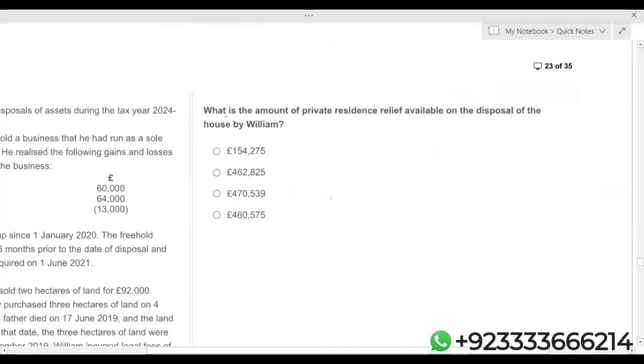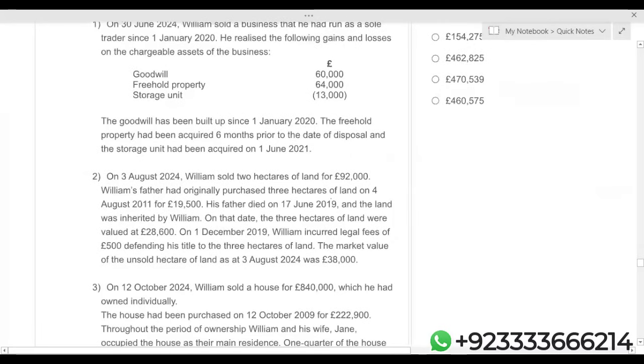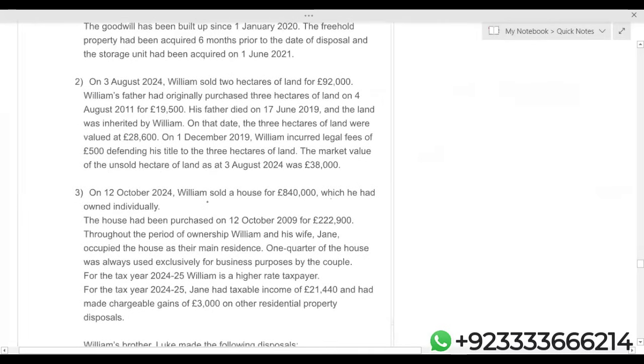Okay. What is the amount of private residence relief available on the disposal of a house by William? William sold a house for 840,000, which he had owned individually. The house had been purchased for this.